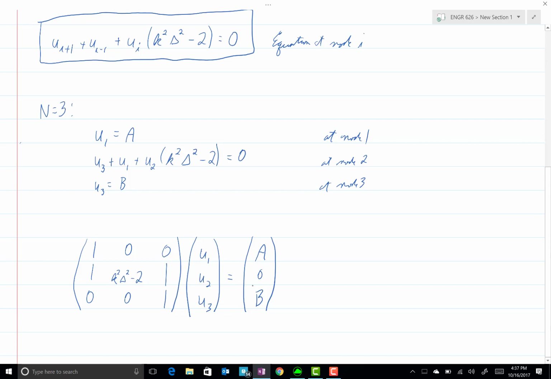So that would be the matrix equation that we would have for the first iteration.